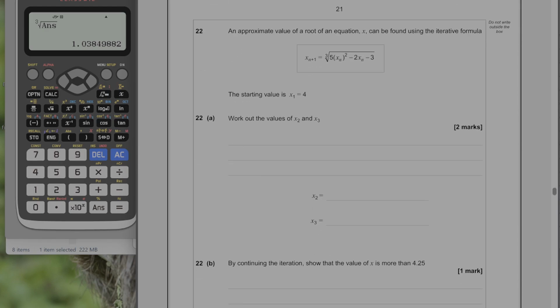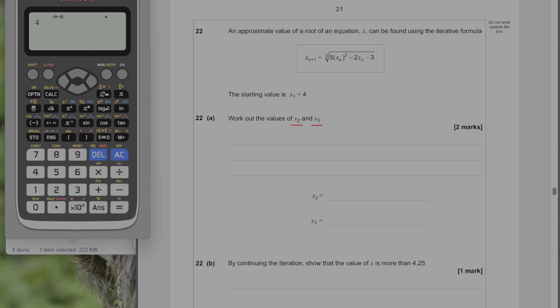Question 22. An approximate value to the root of the equation can be found using the iterative formula. Starting with x1 equal to 4, work out the value of x2 and x3. Right, so I'm going to put 4 in first of all. Then I'm going to go cube root of 5 lots of my answer squared minus 2 lots of my answer minus 3.